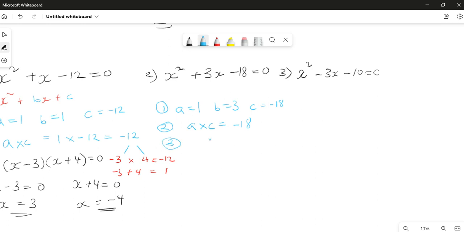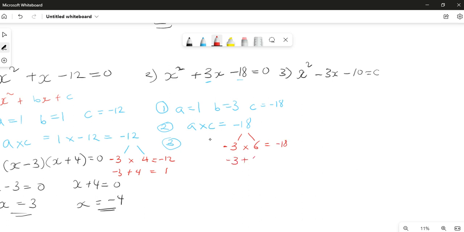Step 3, we're going to look for two factors of 18 that when you add them, they should give you positive 3. When you multiply them, they should give you negative 18. So those two factors, let's use 3 and 6. All right, let's make one negative. Negative 3 times 6 gives you negative 18.